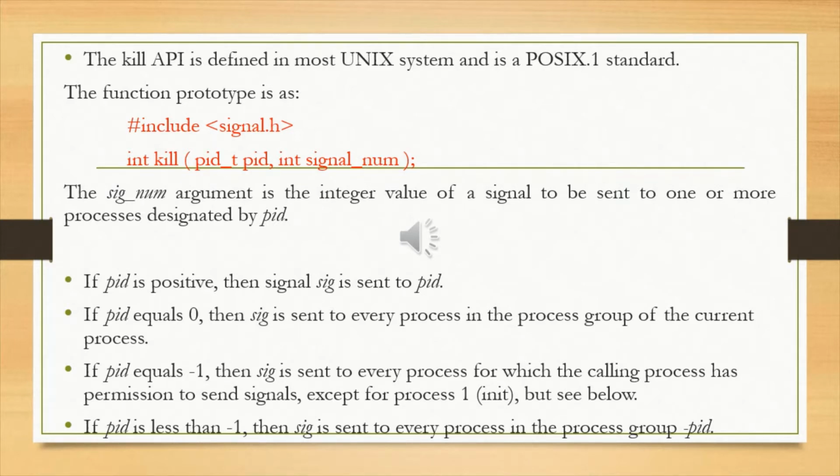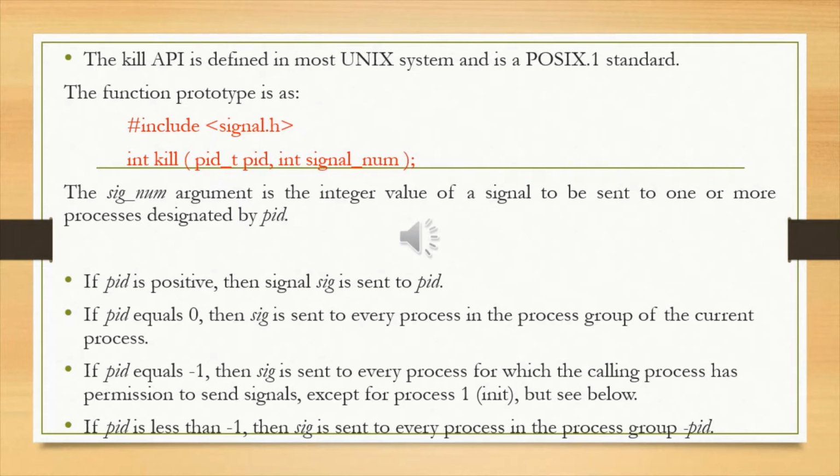If the process PID is -1, send the signal number to all processes whose real user ID is the same as the effective user ID of the calling process. If the calling process's effective user ID is a super user ID, then the signal number will be sent to all processes in the system, except processes 0 and 1.